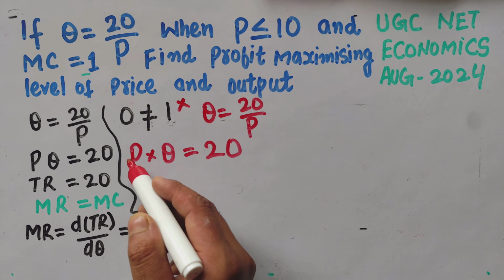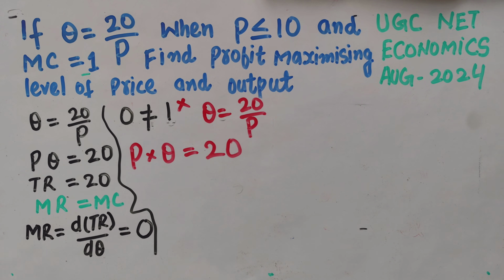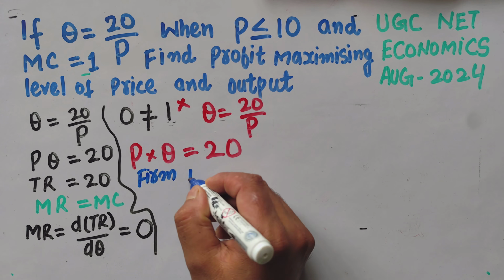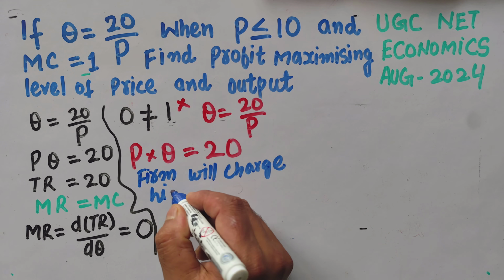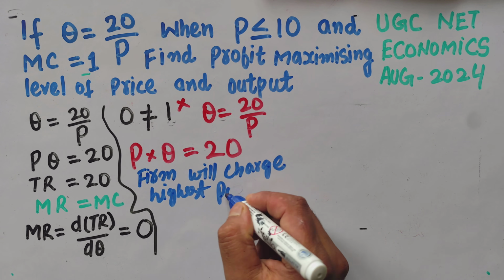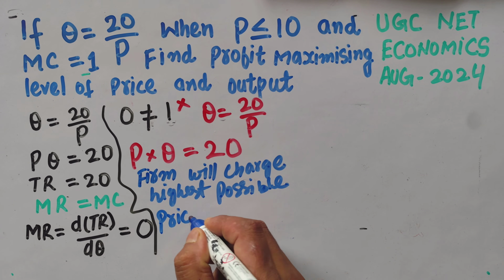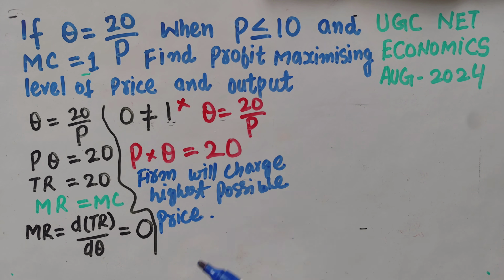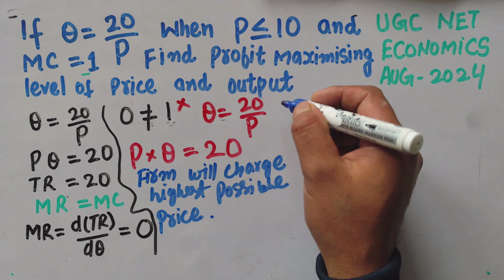When we are given a constant total revenue function, the firm will charge the highest possible price with the lowest possible output produced. Okay, the firm will charge the highest possible price and produce the lowest possible output.